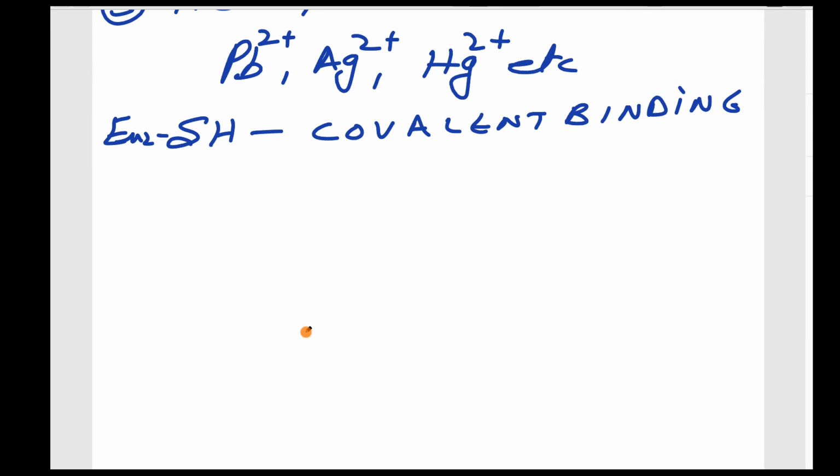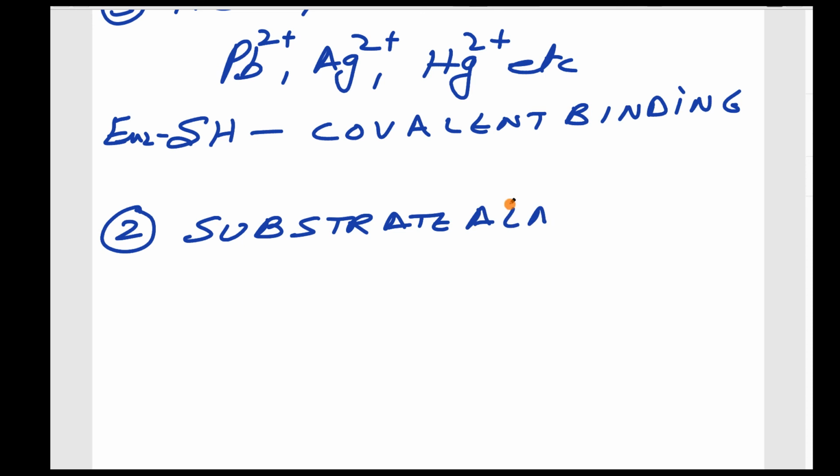Then the second one, substrate analog. Some examples of substrate analog. Second category, substrate analog. That is what we call affinity labels.